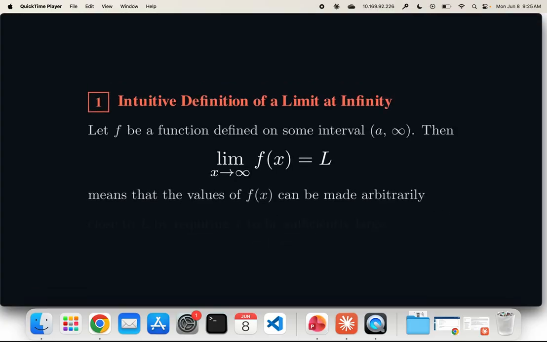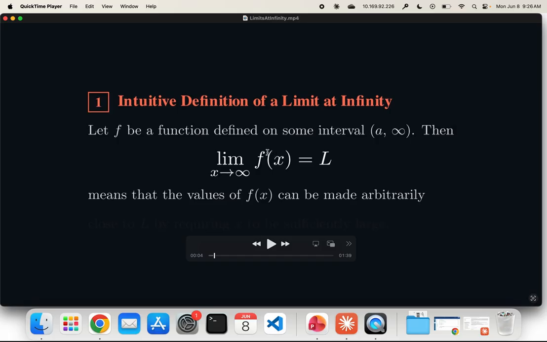Okay, so we want to talk about the idea of a limit at infinity, meaning that we look at a function that is defined on an interval all the way to the right, positive infinity. And we want to know what's the limit as x gets bigger and bigger, approaching infinity.